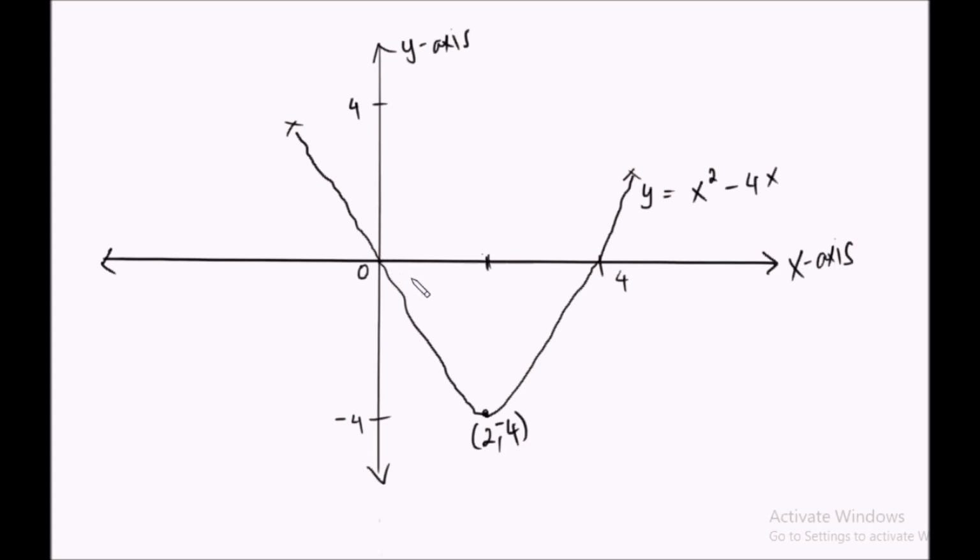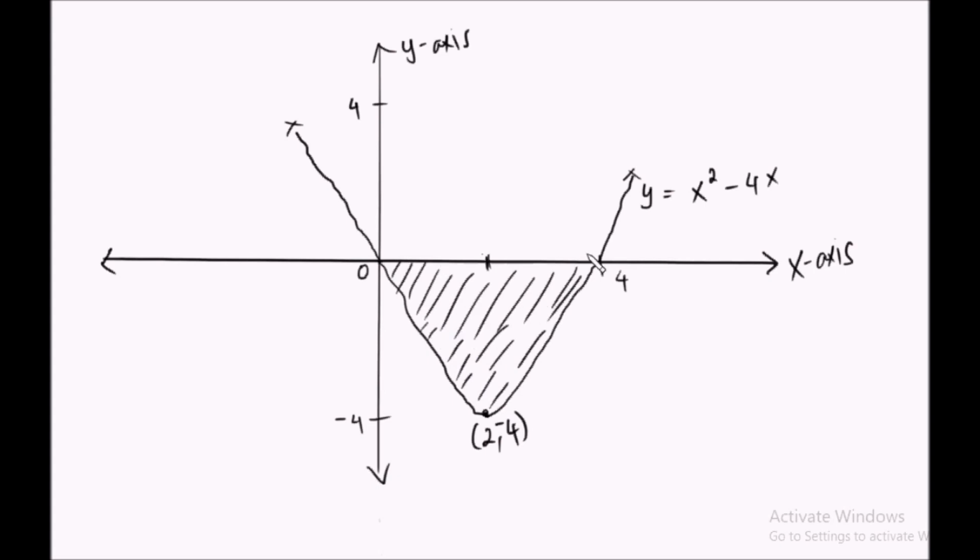The question says, find the area between the x-axis and that curve. This is the x-axis, the horizontal line, and the curve is here. So the area between the x-axis and the curve is this, okay? So this is the area.